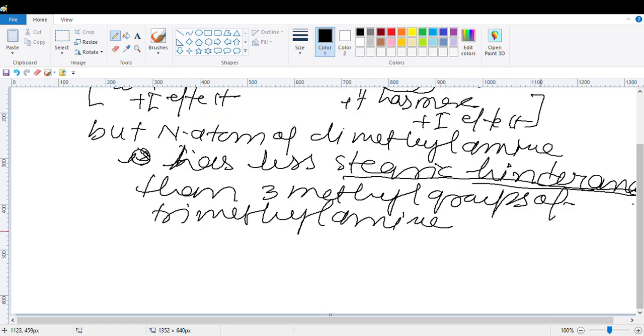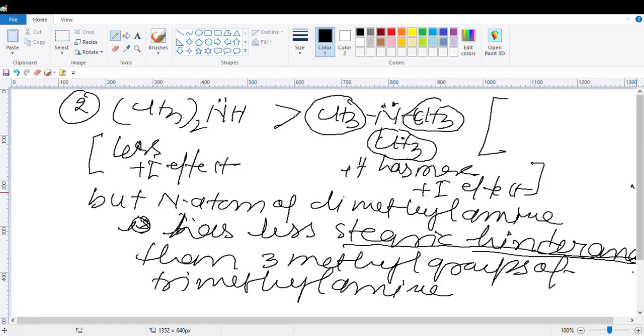So steric hindrance caused by 3 methyl groups will hide the nitrogen atom or lone pair of nitrogen atom to cause donation. That's why it is less basic, while your dimethylamine will become more basic because it is less hindered, less hidden. Nitrogen is less hidden, so the electron pair will be donated easily as compared to trimethylamine.